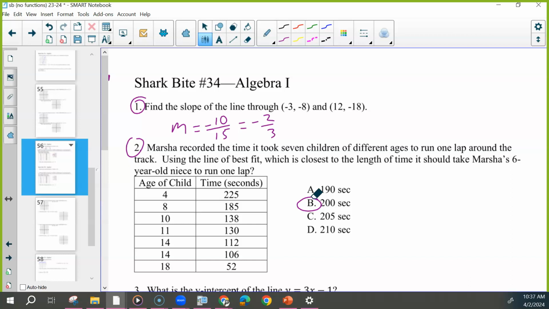Okay. And number 4, write an equation passing through the point. So I could put in this point, put in the given equation.